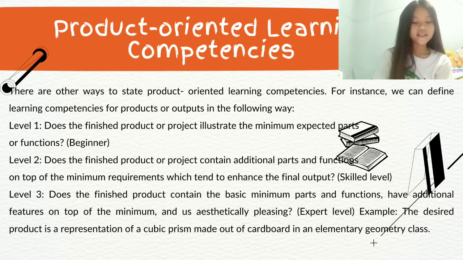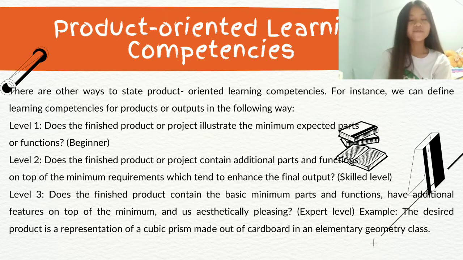Thus, product-oriented learning competencies target at least three levels: novice or beginner's level, skilled level, and expert level. Such levels correspond to Bloom's taxonomy in the cognitive domain in that they represent progressively higher levels of complexity in the thinking process.